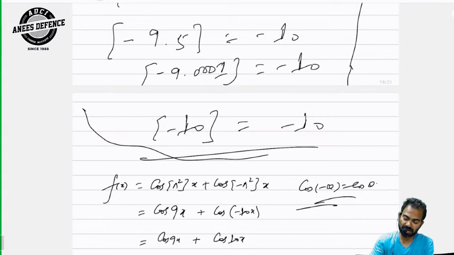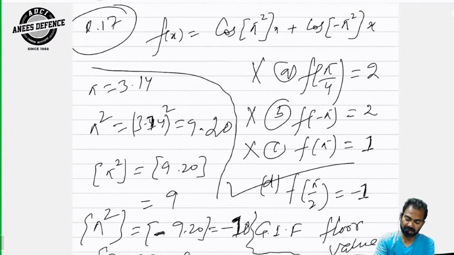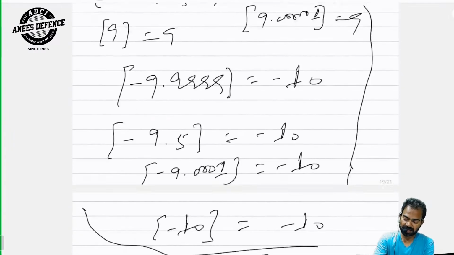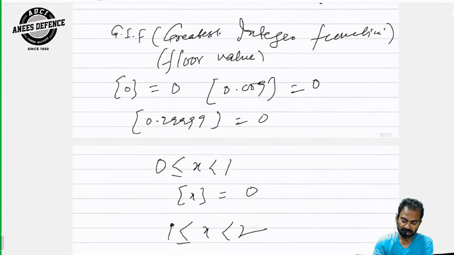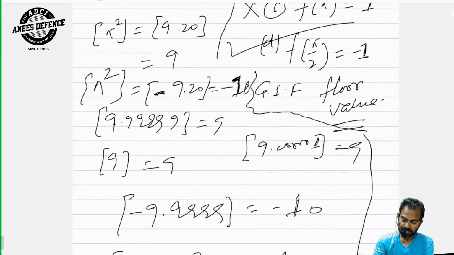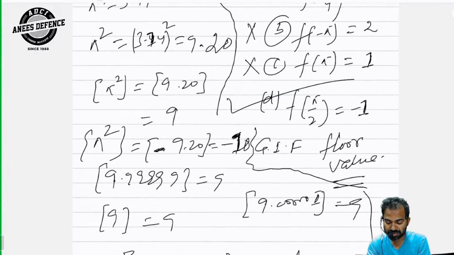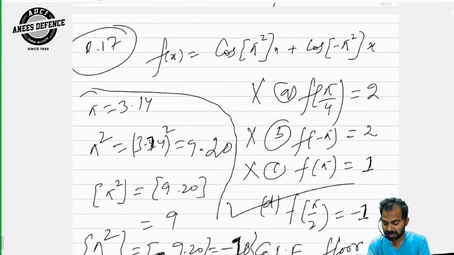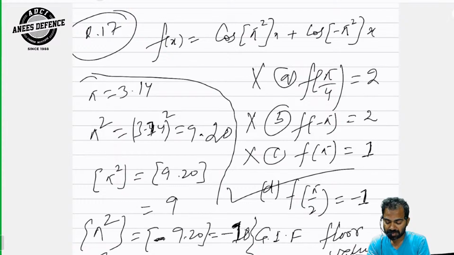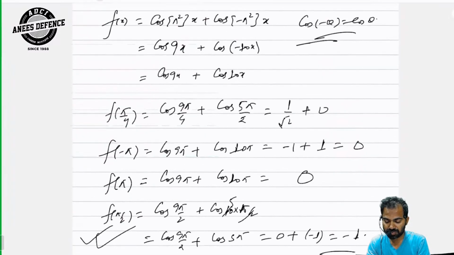No need to write this part. You can write this part in your greatest integer function concepts. So part of the function starts from here. So write question and options. So now write the solution from here.